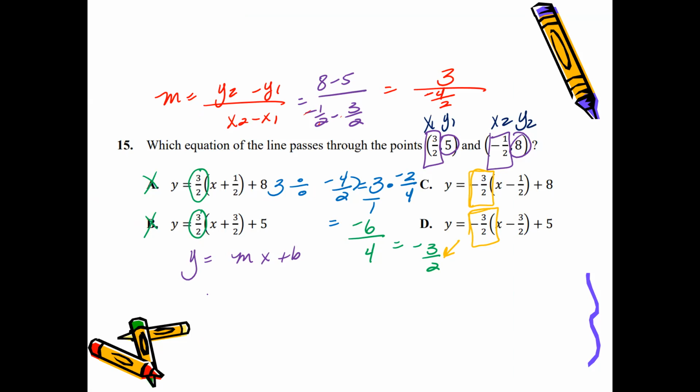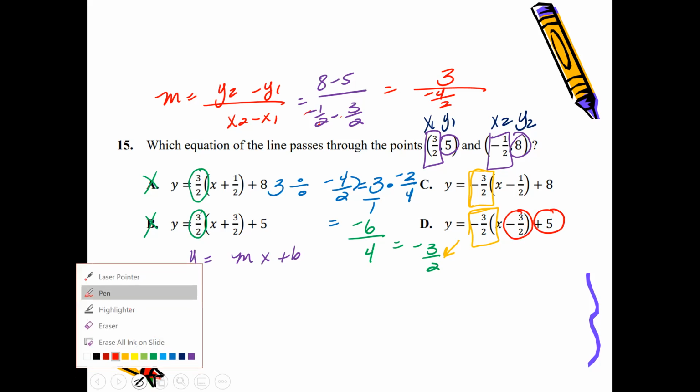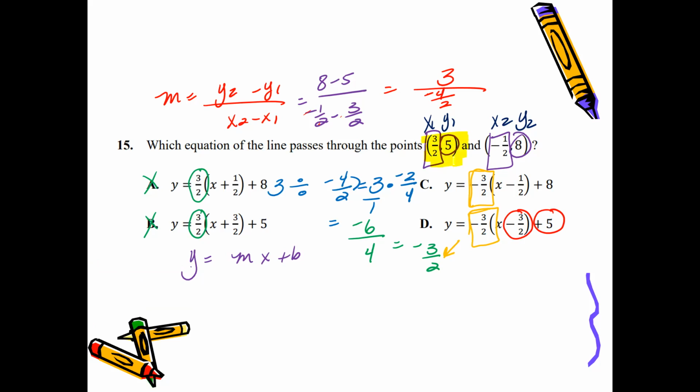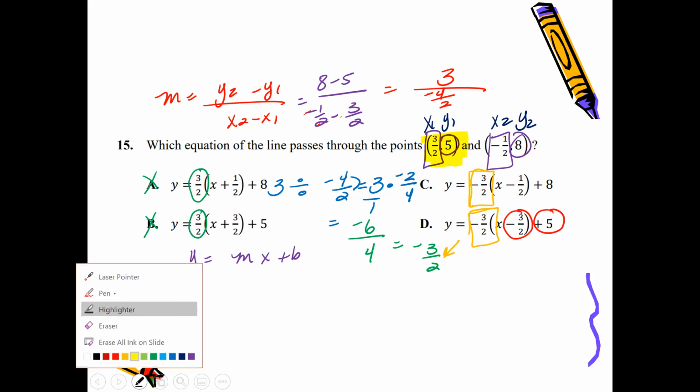So you have y, and you could pick a point. If you look at D right here, do you see how they have 5 right here and they have a negative 3 over 2? So clearly they picked this first point right there. Okay, so we're going to plug that in.